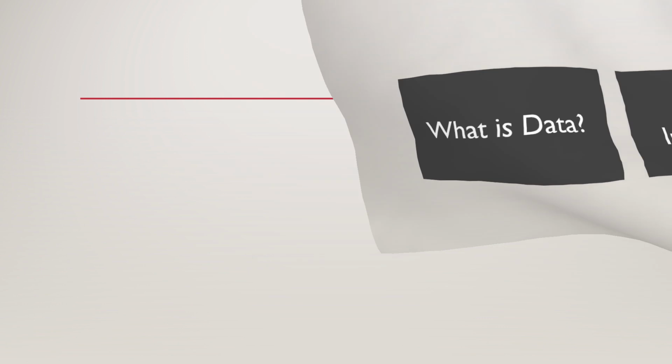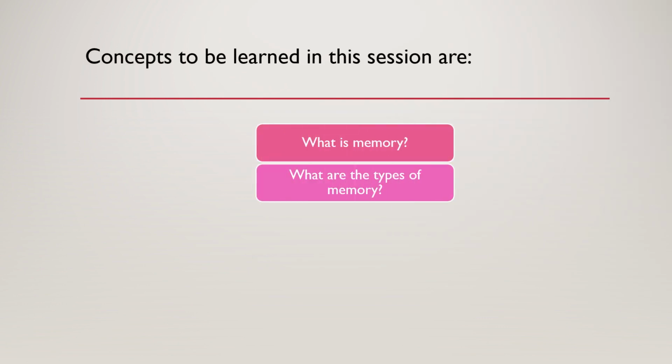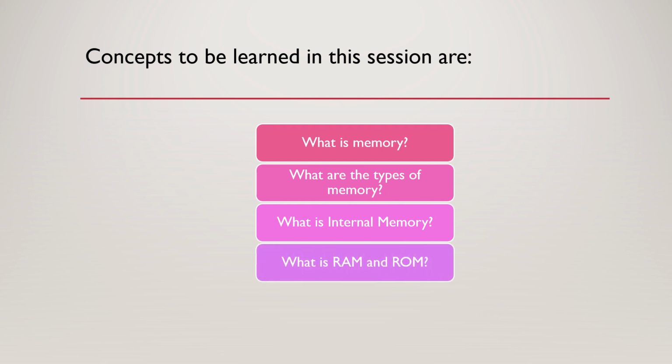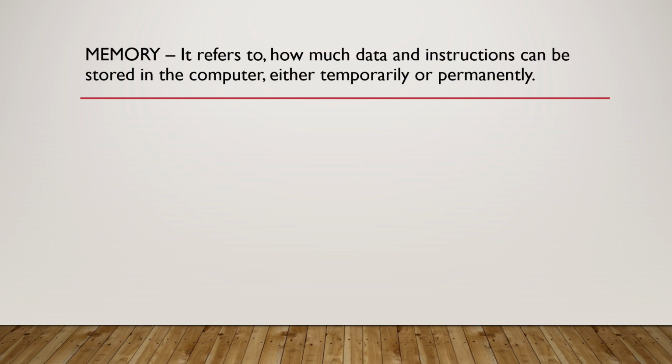We all know a computer can store a huge amount of data. Where will it store the information? Definitely in the memory only. Then what is this memory? How can we define the memory in reference to the computer?